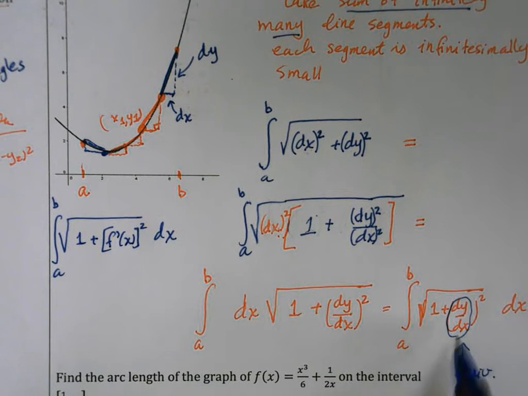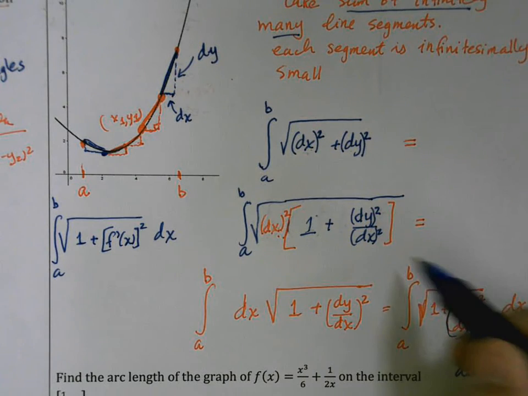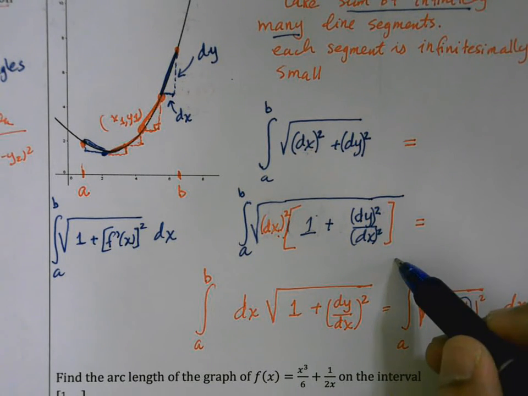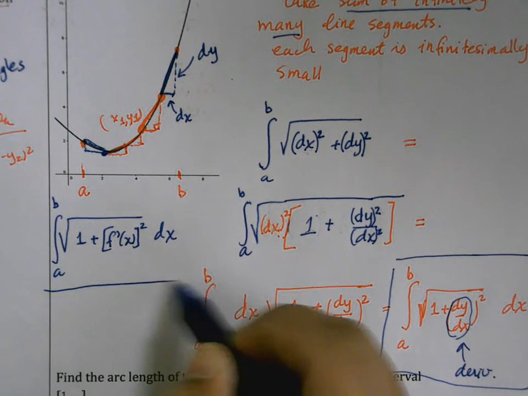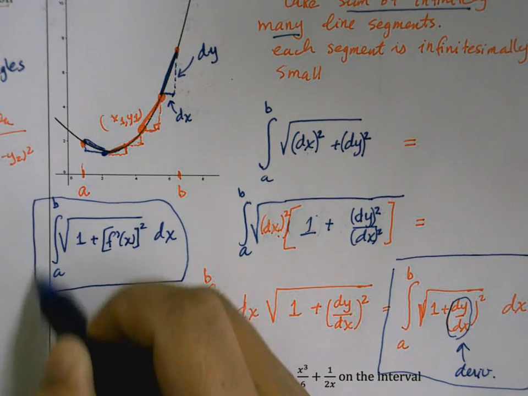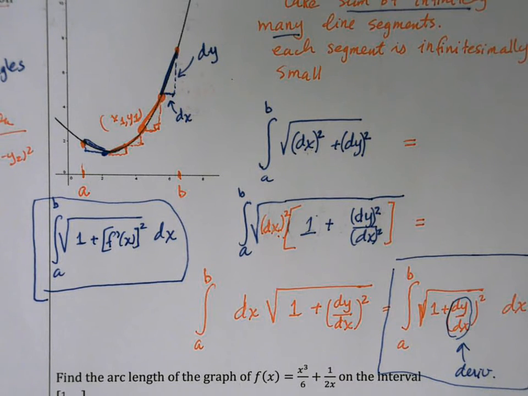So this is taking the derivative and then squaring it, fitting it inside the square root here, and then evaluating the integral. So these are the two ways that we write the formulas for finding arc length given any particular continuous and differentiable function.